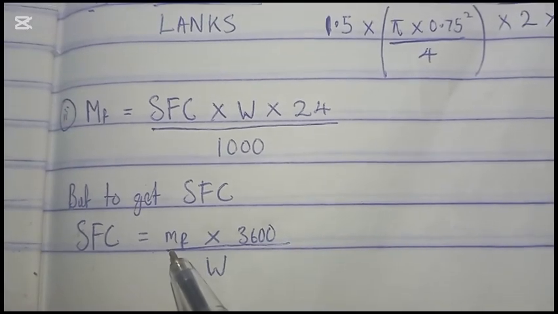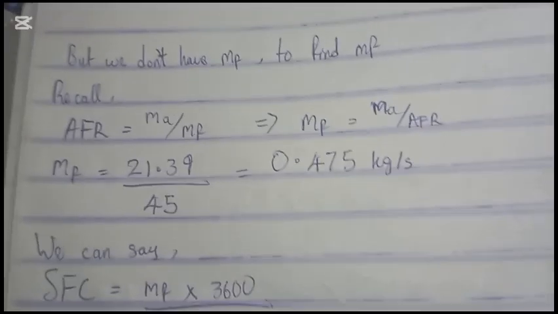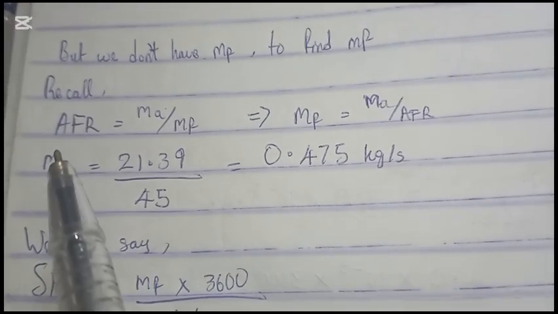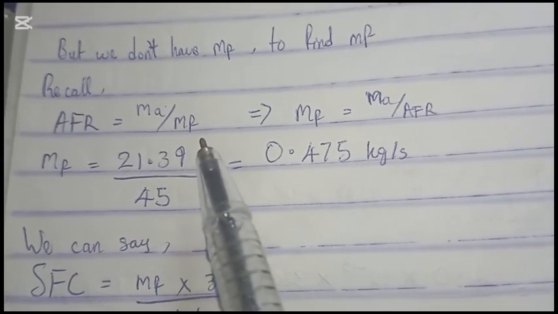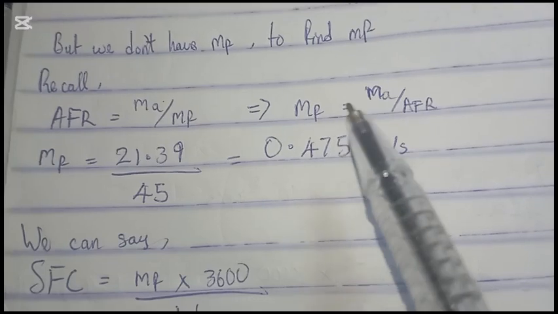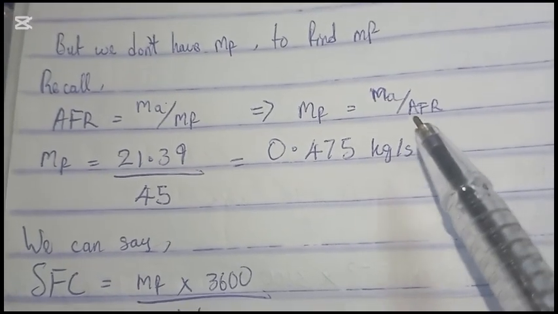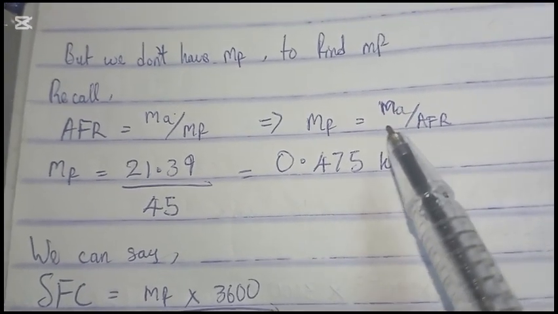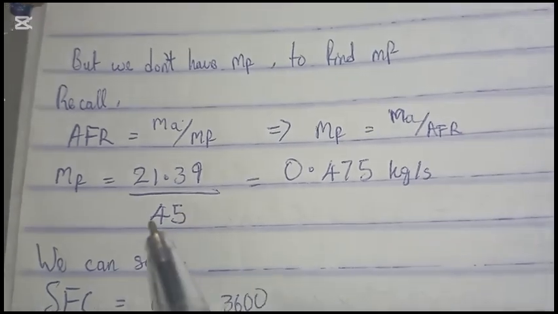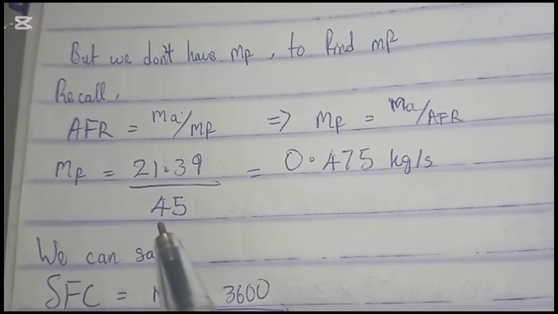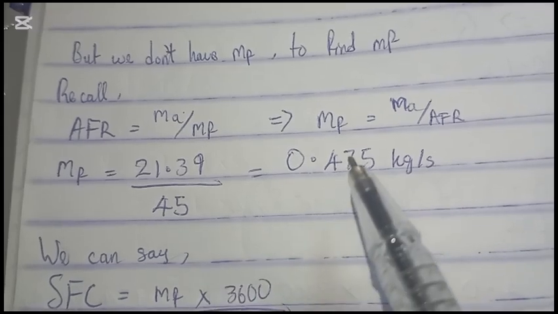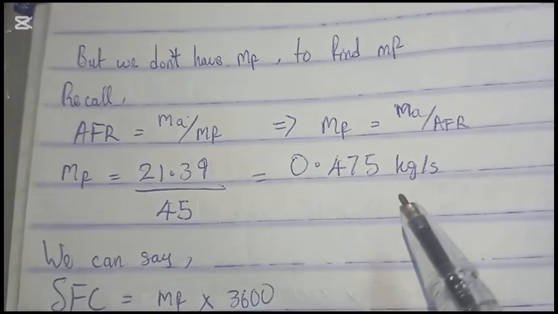We can recall that air-fuel ratio is equal to MA over MF. Making MF subject of the formula, we have MF is equal to MA over air-fuel ratio. Our MA was given, so was our air-fuel ratio, so MF is 21.39 over 45, which will give you 0.475 kilograms per second.